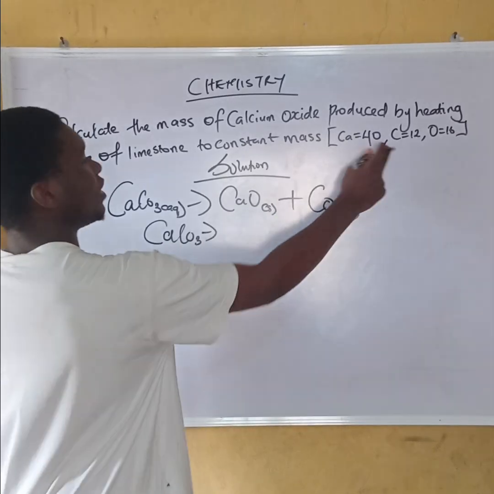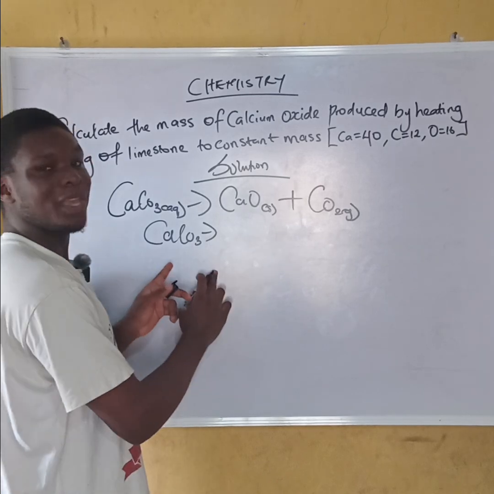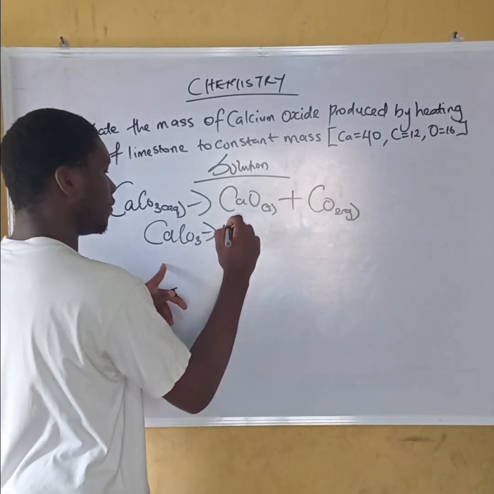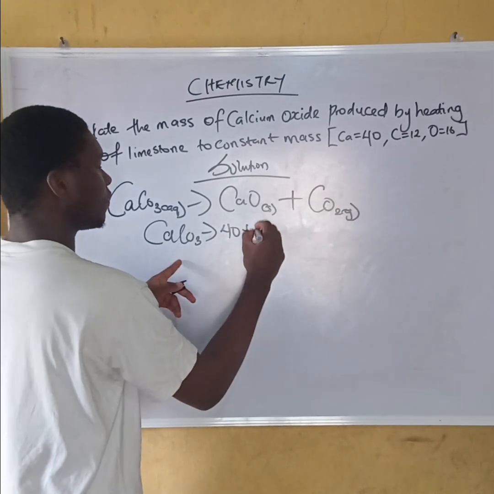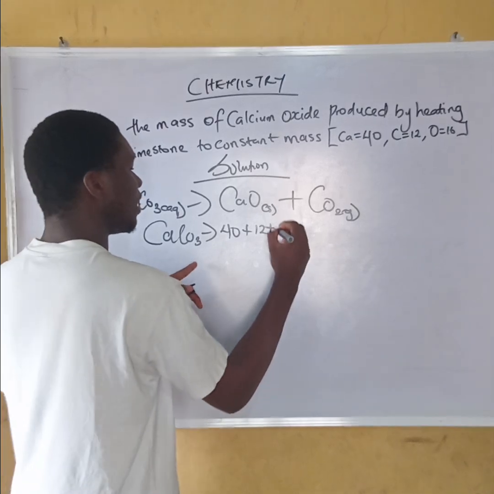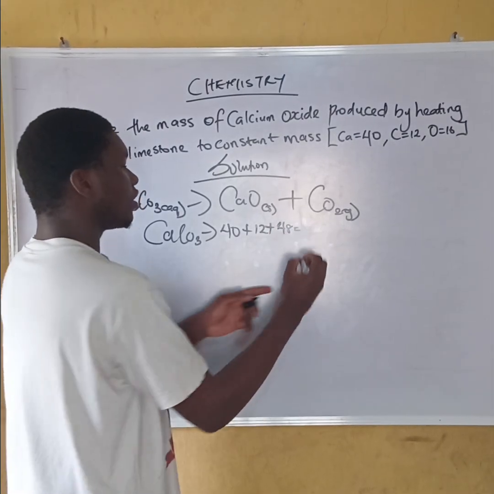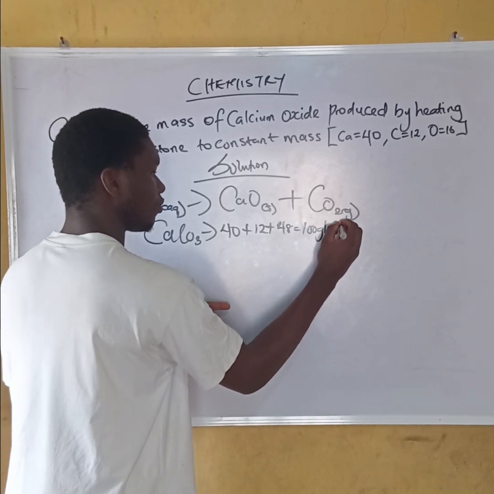So we add the respective atomic masses that make up this compound. We have calcium to be 40, carbon to be 12, and oxygen to be 16. We have 3 here, so 16 times 3 is 48. If we add this together, we get 100 grams per mole.